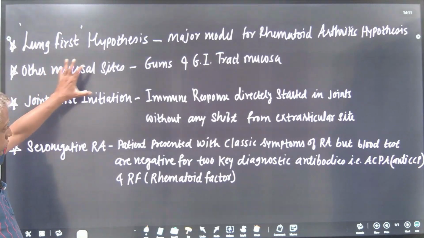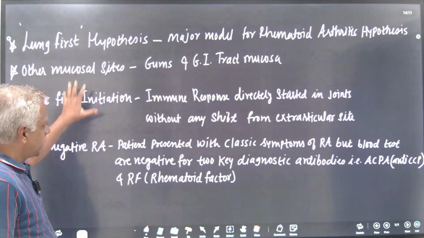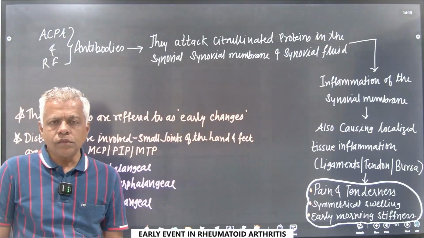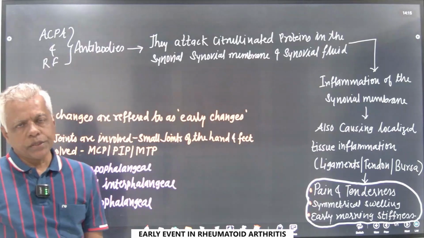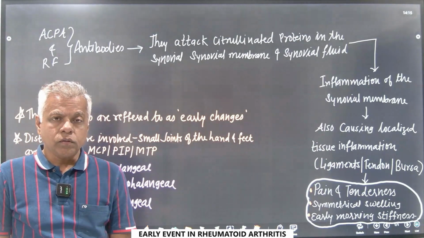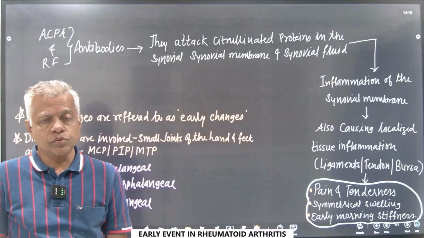So, we should have some basic knowledge of these things. I have highlighted these points here. Inflammation of the synovial membrane is a very important event in the pathogenesis of rheumatoid arthritis.